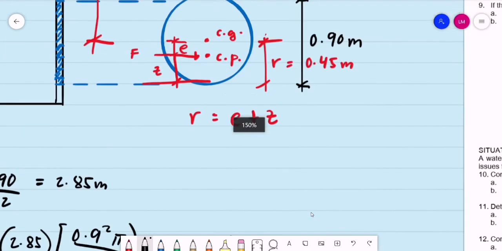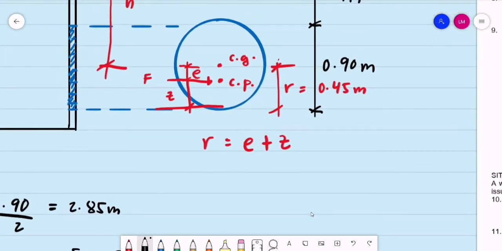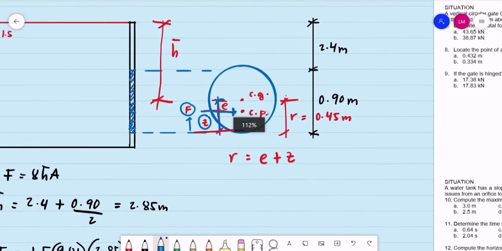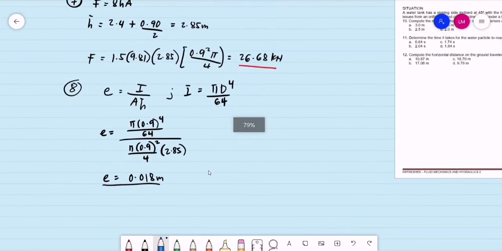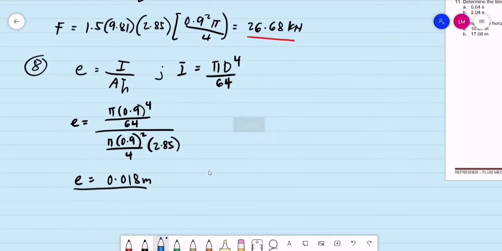So, again, yung point of action ng force ay nasa center of pressure at a distance E from the center of gravity. Ang hinahanap kasi natin dito is yung distance ng force ay from the bottom of the gate, yun yung distance z. So, z plus e is basically equal to the radius na 0.45. So, computing now for the distance z, that is r is equal to yung z plus e.